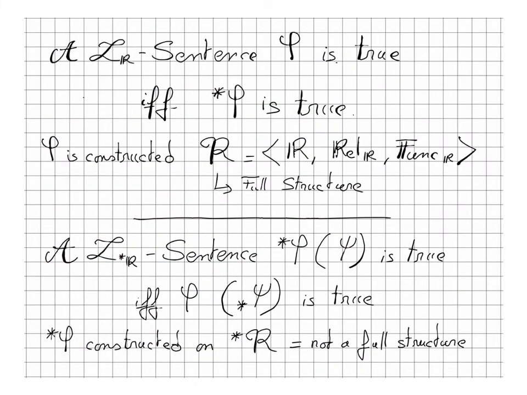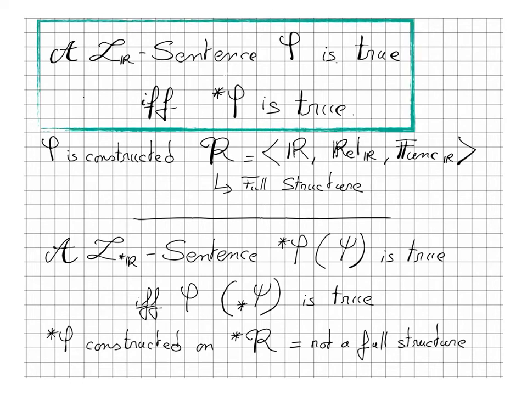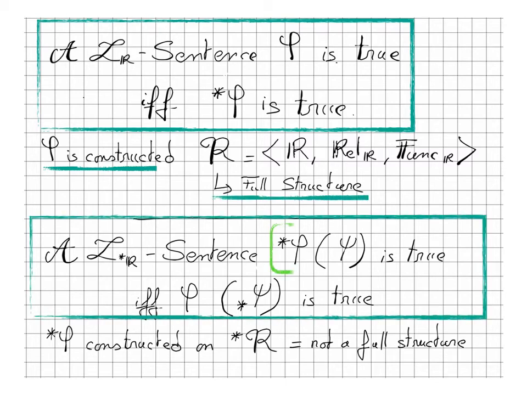Let us go back to the transfer principle, where φ is true if and only if *φ is true, where φ is an L_R sentence constructed on the full structure R. I could also say that an L_*R sentence, *φ, is true if and only if φ is true.